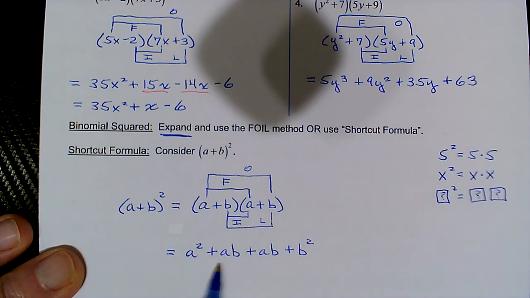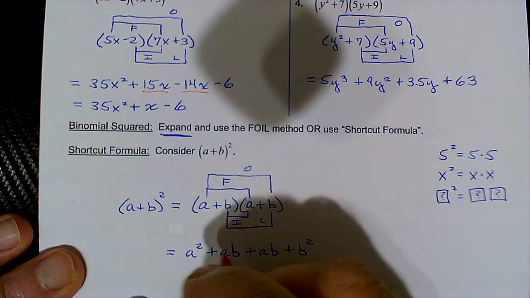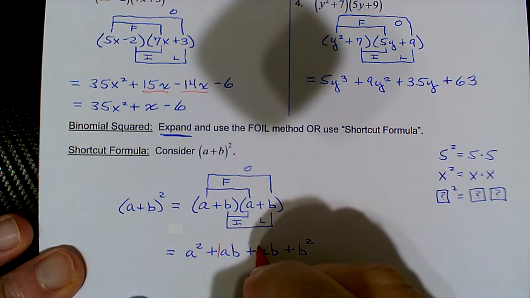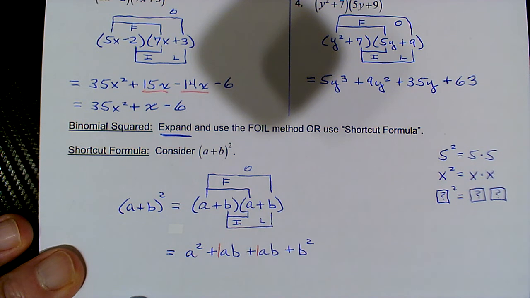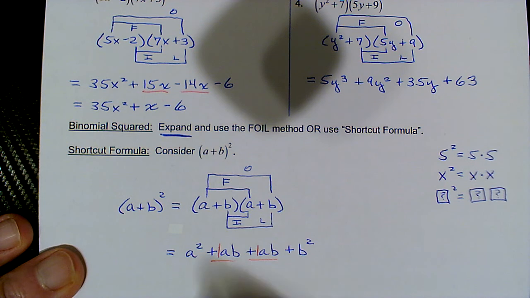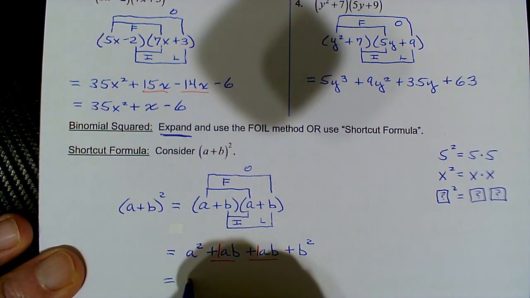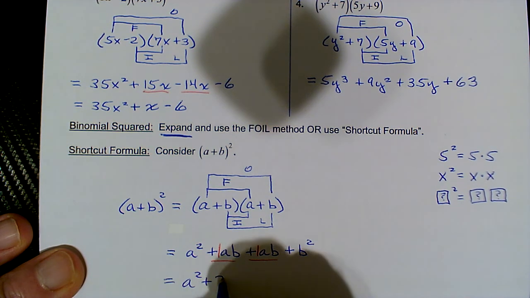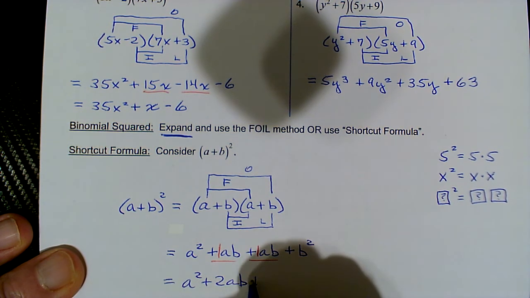But notice that the 2 middle terms are the same, the outers and the inners again. ab is the same as ab. There's really a 1 in front of each of those. And so we can actually combine them, and we have a squared plus 2ab plus b squared.